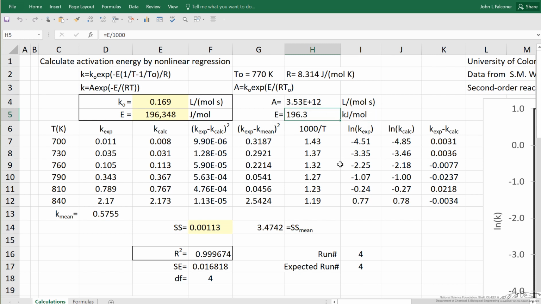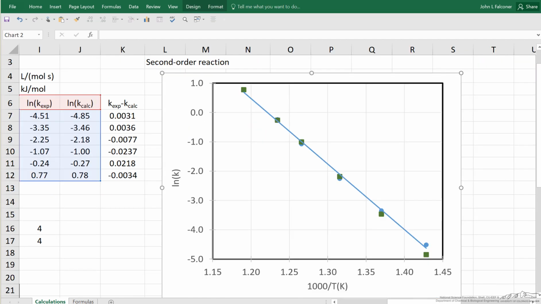What I'm also showing in this spreadsheet, I calculate the inverse temperature and the log of the values, and I also calculate the difference between the experimental and the calculated value. Here I plotted the log of the rate constant.